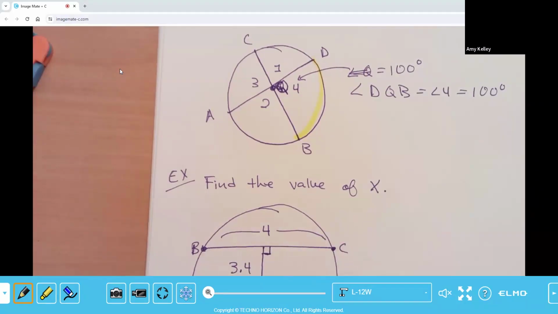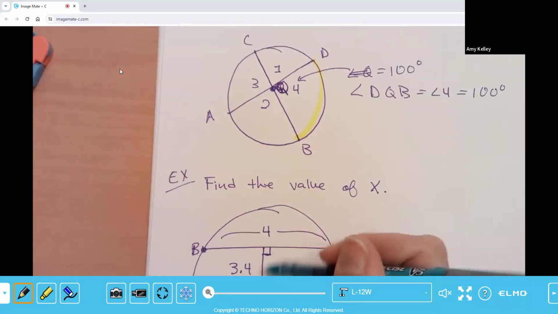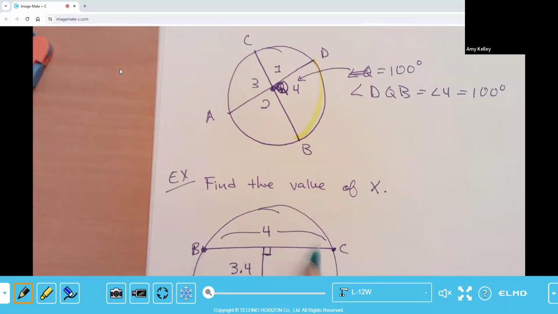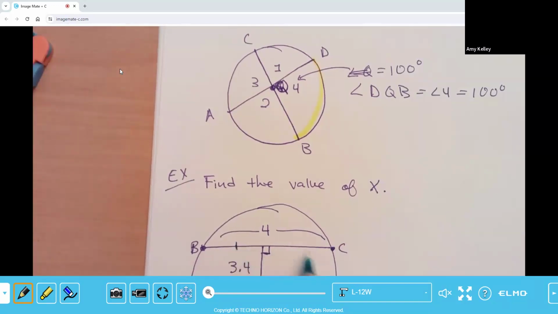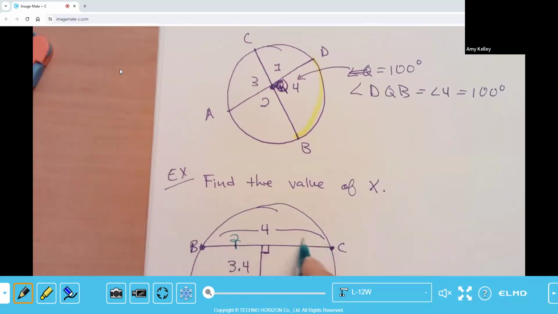If I want to find the value of x, I know that x is a radius. I also know that this segment right here is bisecting the chord, which means it's breaking it up into 2 congruent parts. So we have 2 here and 2 here.